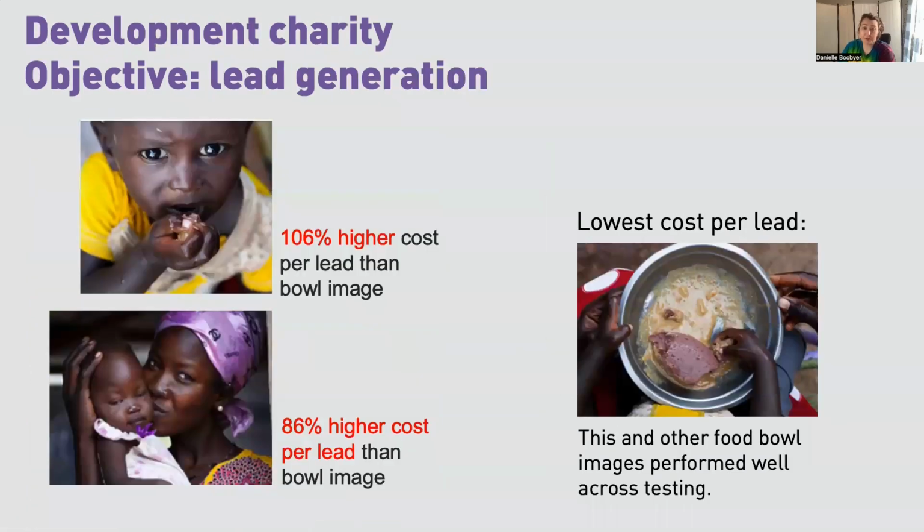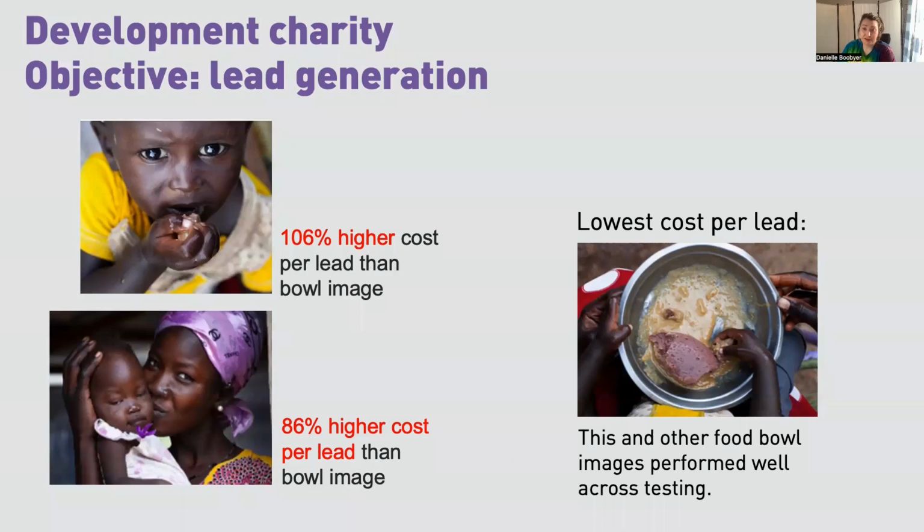So here's another example of how ads that are used by a charity or a cause typically are not always the best performers for Facebook ads. It was a lead generation campaign to grow the email supporter list for a development charity working to end hunger. It included typical charity imagery, which is very emotive, well photographed, and shows the people experiencing the problem and or who the charity is helping.